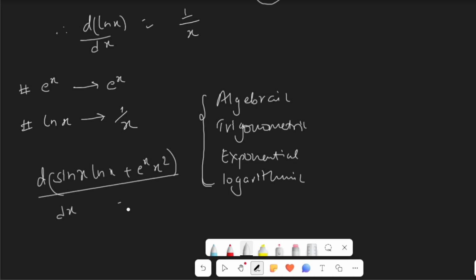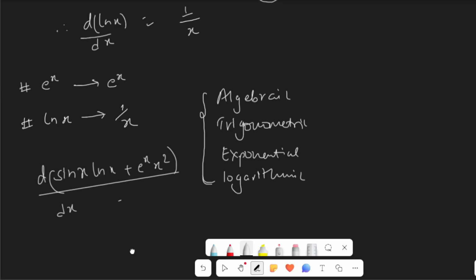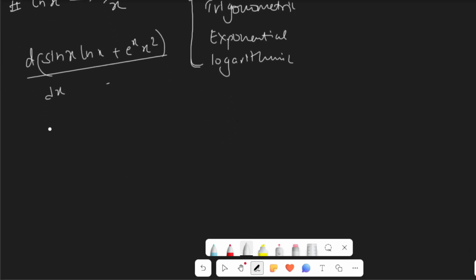Now, we will apply the rules we have learned and separate these functions like this. So here is sum. So we first separate it like this. Now we have two functions in multiplication.